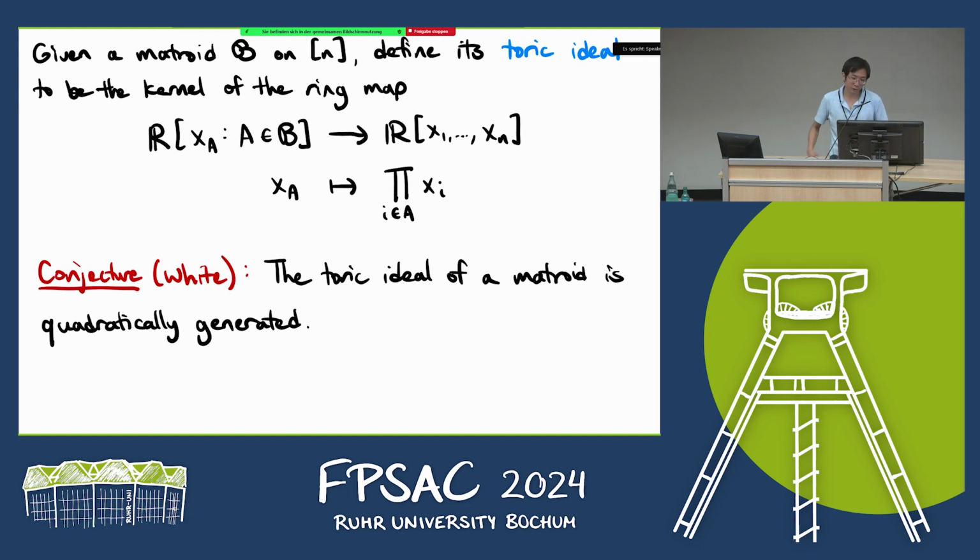This is also the toric ideal of the matroid polytope for this matroid. And a conjecture by White is that the toric ideal of a matroid is always quadratically generated, so it'll end up being elements of the form x_A times x_B minus x_A' times x_B'.